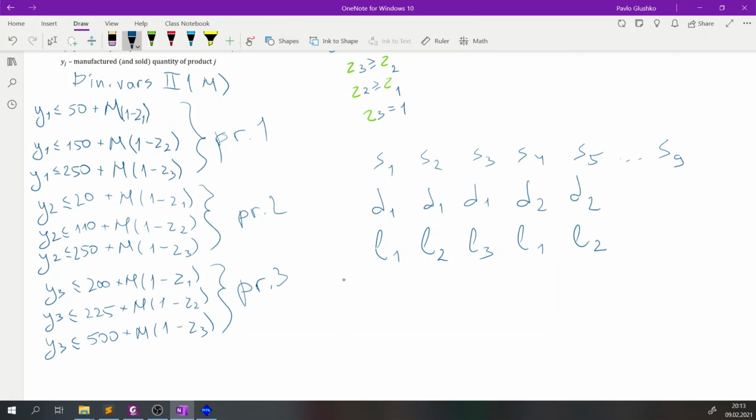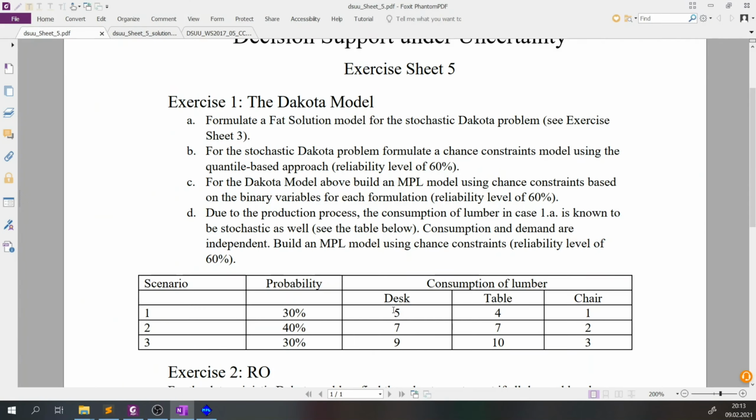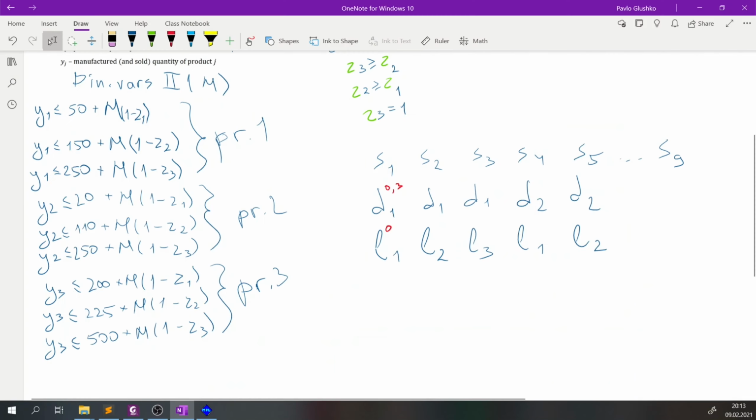Now, what's the probability of every one of these scenarios? The probability of D1, the scenario 1 of the demand, is 0.3. And the probability of lumber 1, the first scenario of the lumber, is also 30%, so it's 0.3.